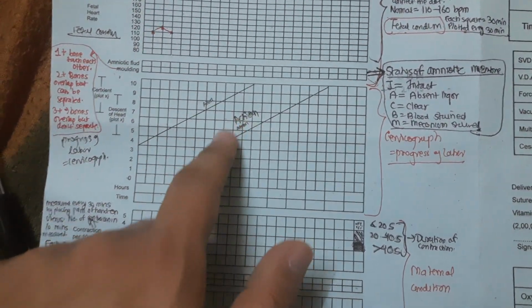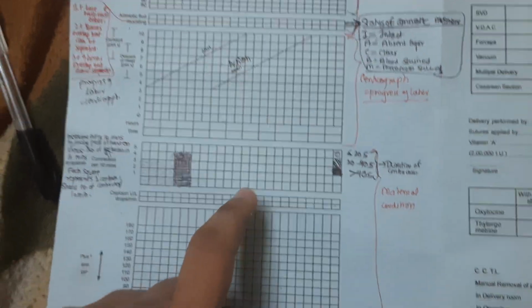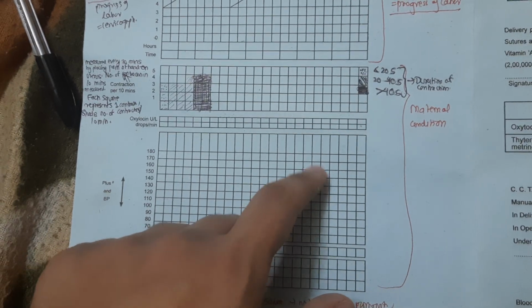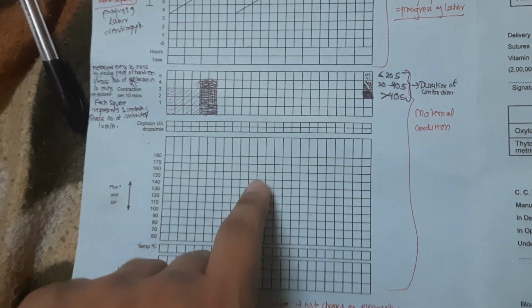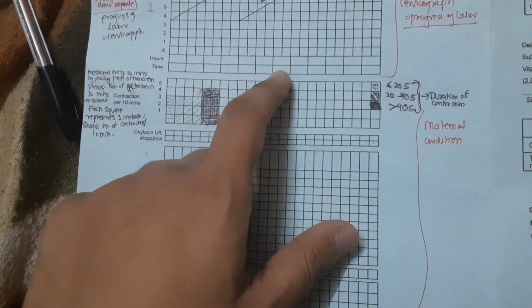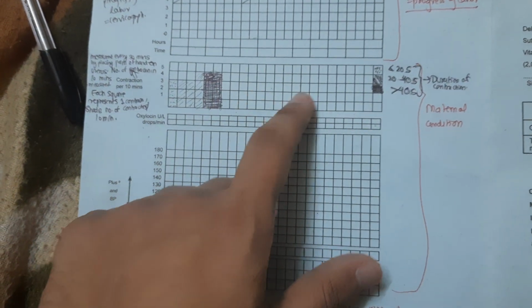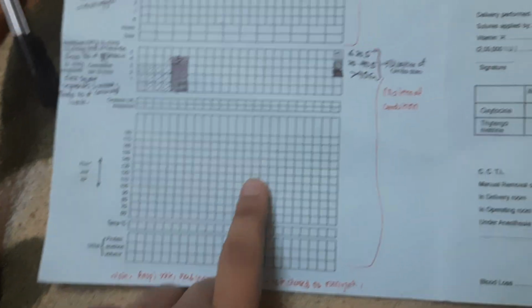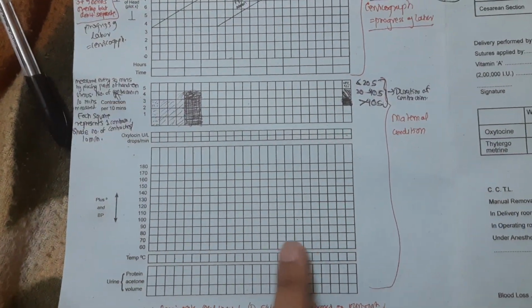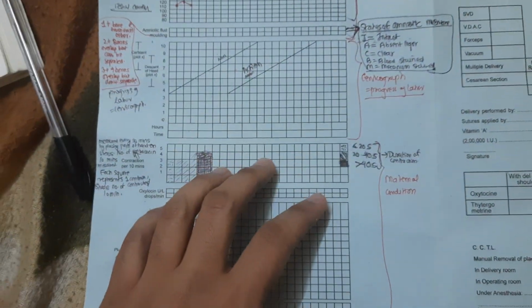The bottom part gives the maternal condition: the contractions, the various drugs used, pulse, BP. So the upper portion gives the fetal condition, and the lower part the maternal condition.